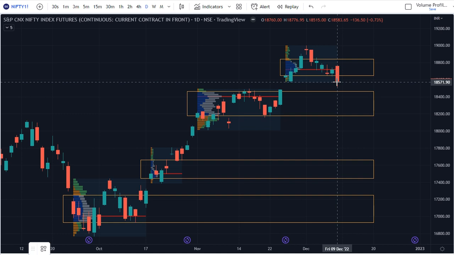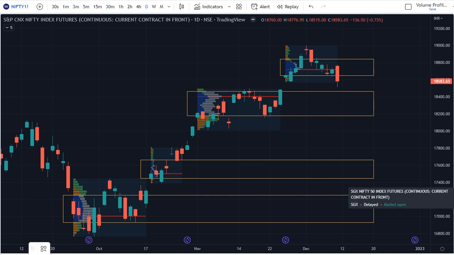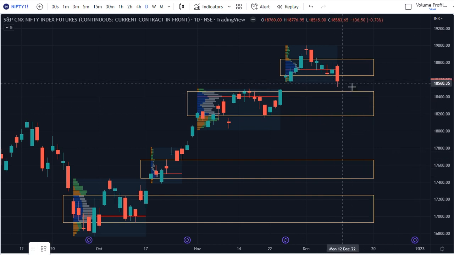I'll just try and get the chart of the SGX, and the SGX is showing a slight decrease of 32 points. So we are just about within the range of Friday's session. Taking a cue from there, I'll try to build what my projection of the Nifty could be.